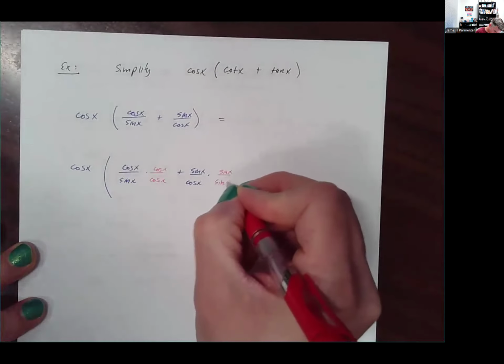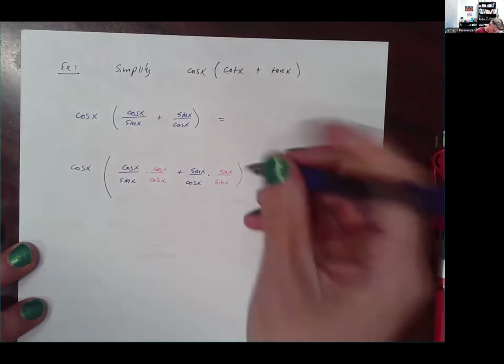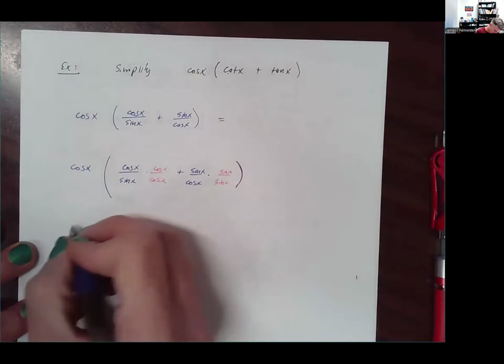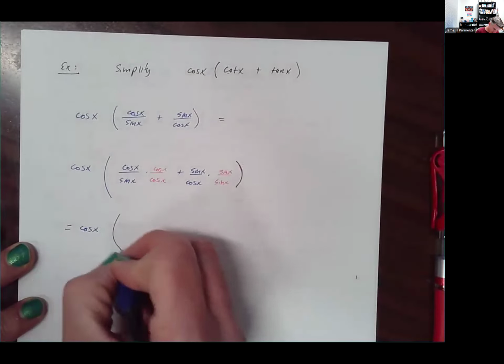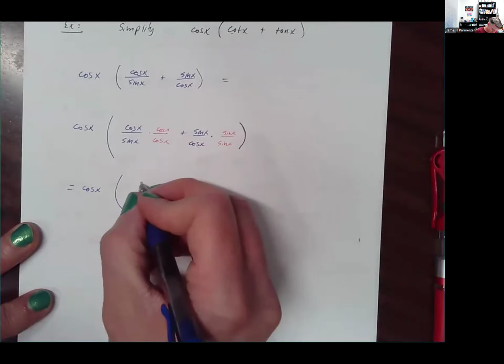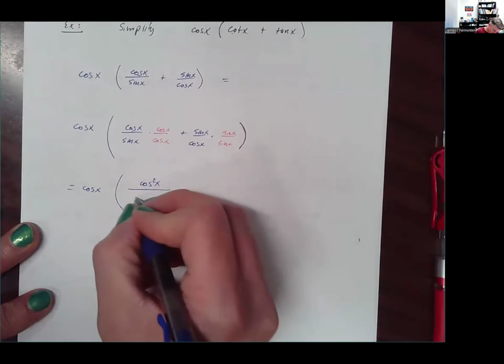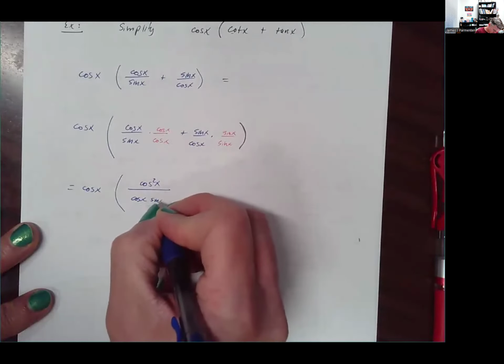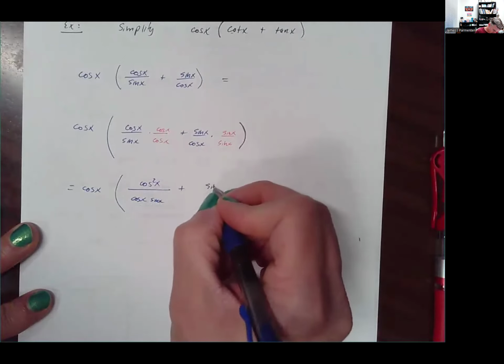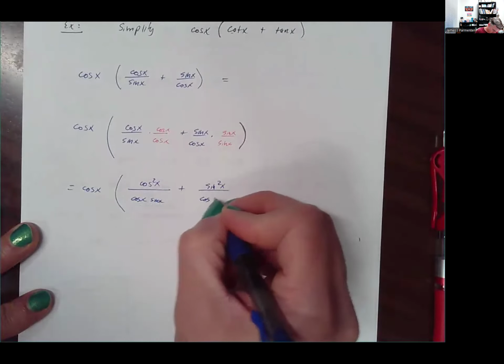That'll give me a common denominator. So now I have cosine x times cosine is cosine squared x over cosine x sine x plus sine squared x over cosine x sine x.